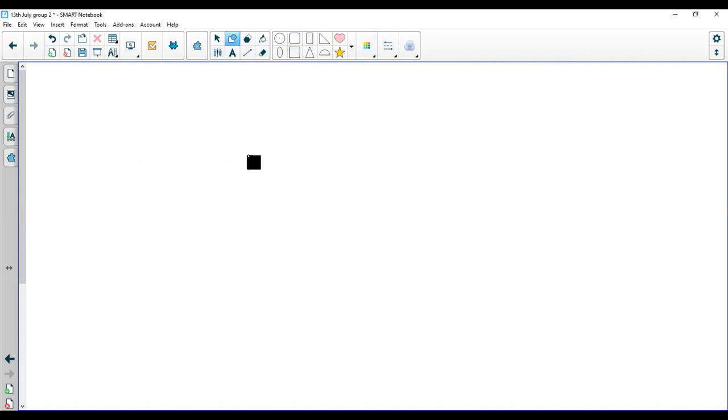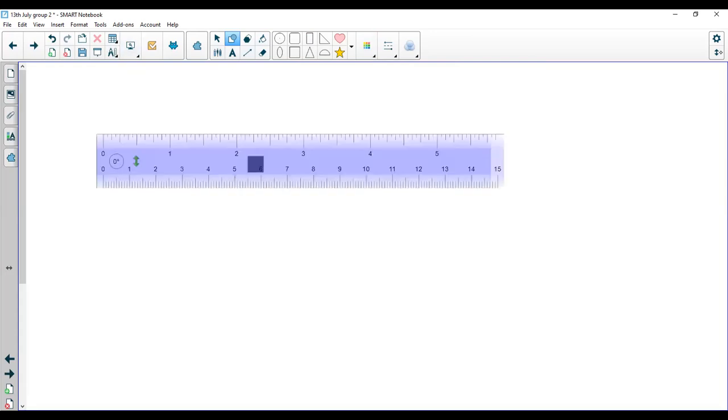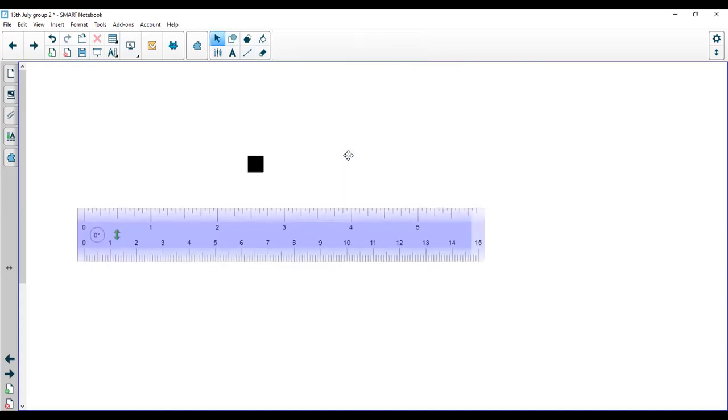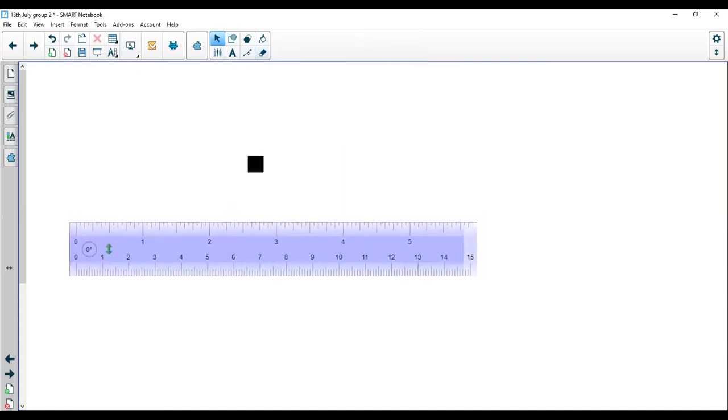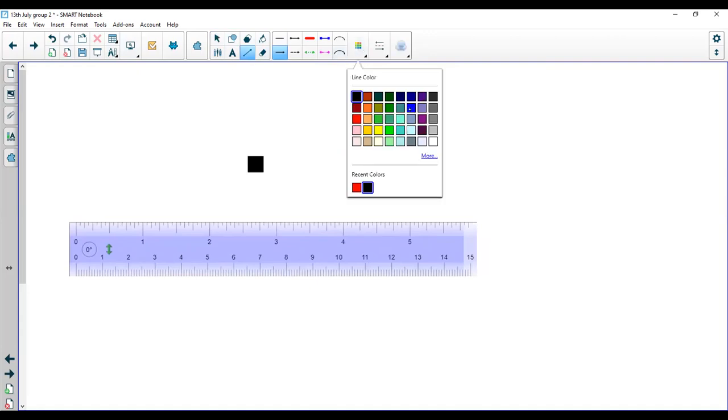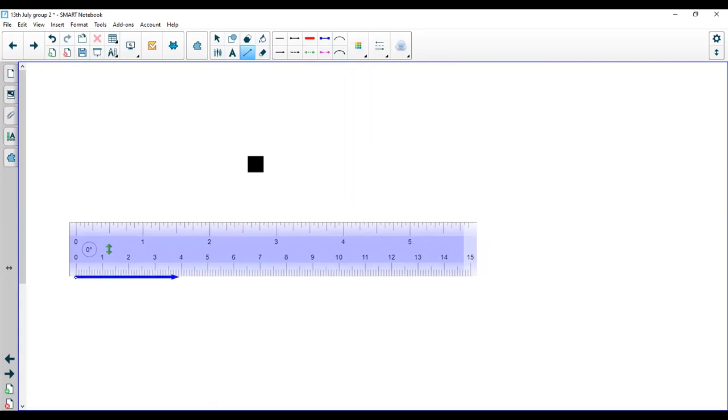We want to show that we are pushing with a 3 Newton force and a 4 Newton force. So we actually need a scale to show that. We are going to push this black box with a vector of 3 Newton to the right and 4 Newton to the right.